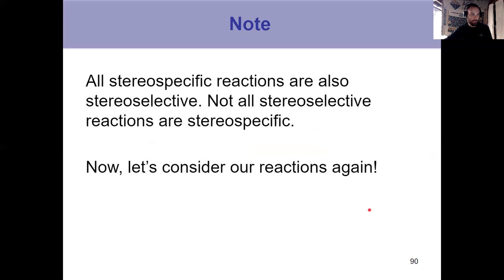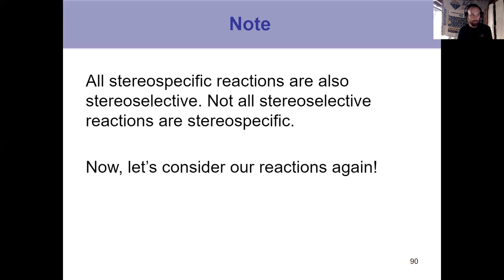Stereospecific and stereoselective. Everything that's stereospecific is stereoselective, because it's only forming one type of isomer. Everything that is stereospecific is completely stereoselective, 100 to 0.